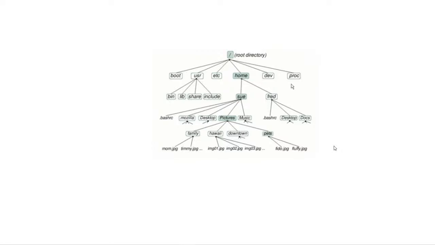Okay, and now we could have a question: how do we know where a specific file or folder is placed? For example, how do you know this image is inside the Hawaii folder, inside pictures, inside the Shu folder?